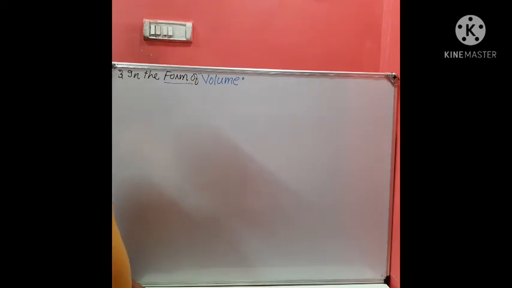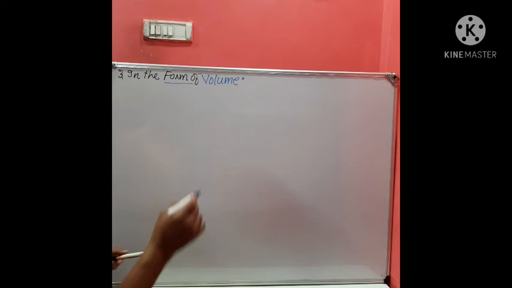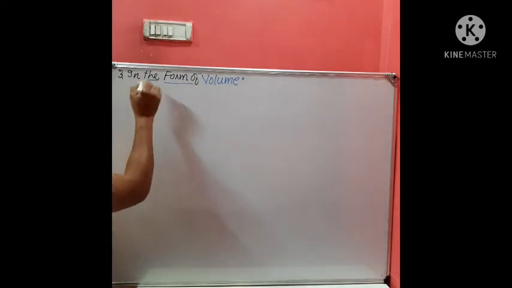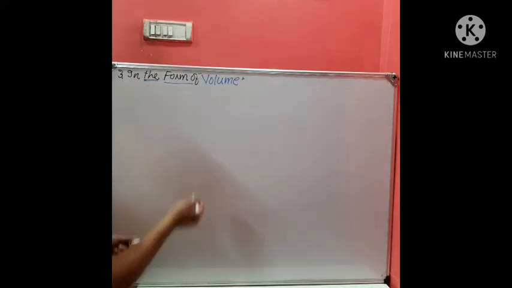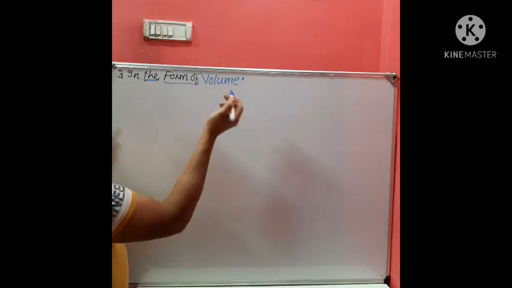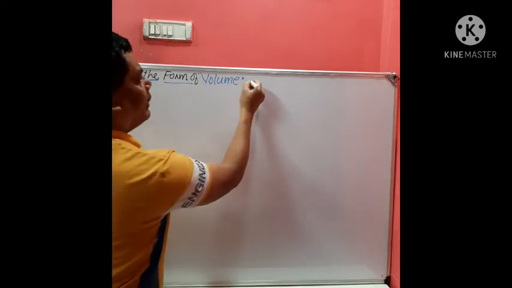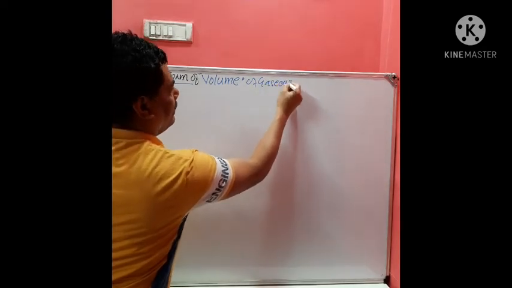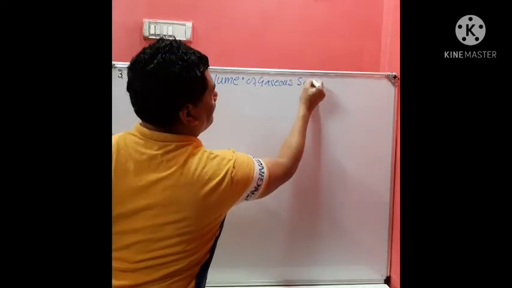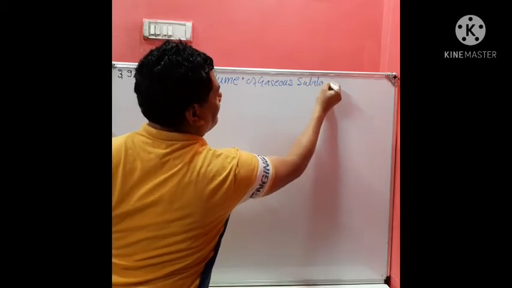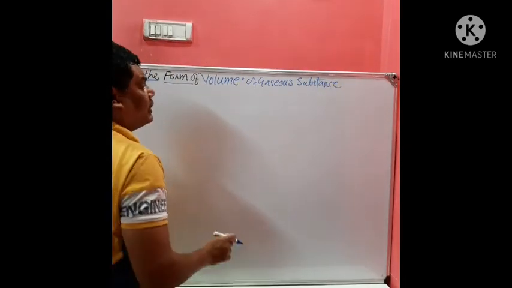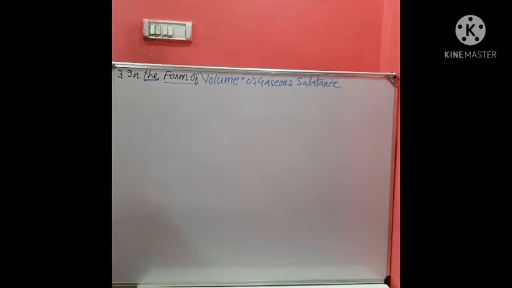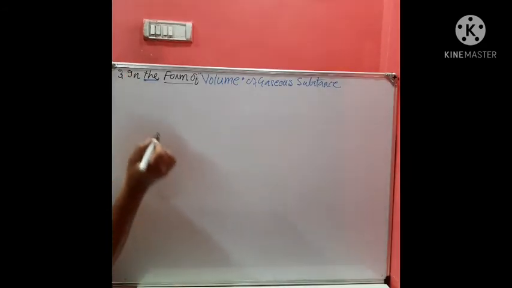If gaseous substances are involved in the reactions, then we are using the term volume. So this becomes our third form of the mole concept: in the form of volume of gaseous substance, that is how much volume will be occupied by 1 mole of any gaseous substance.